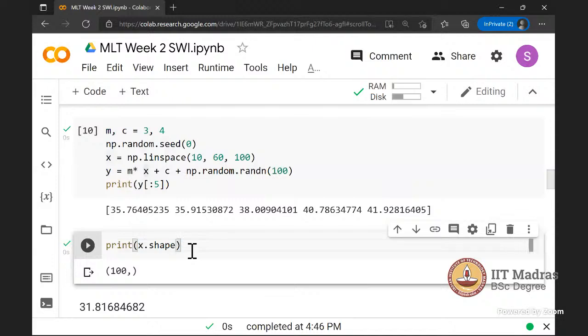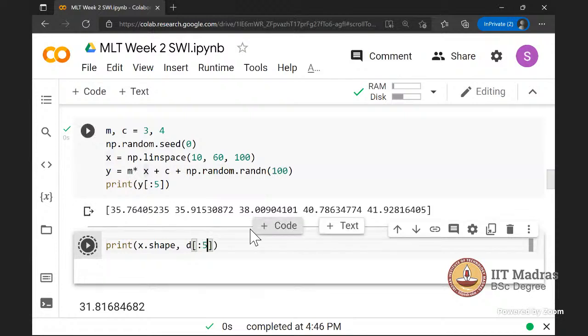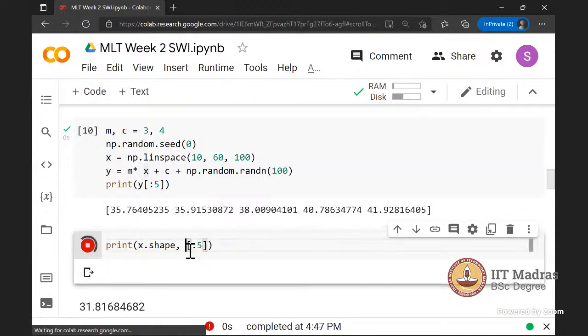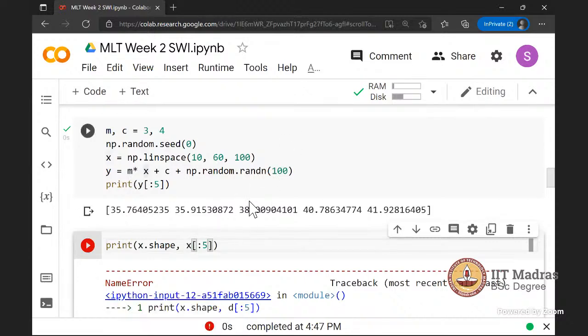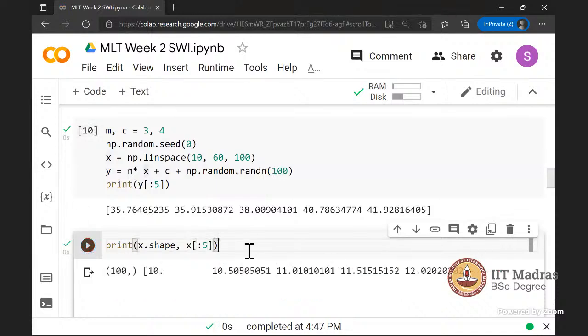And I can also print its first 5 values. Oh, I made a mistake. It should be small x. Yeah, there it is.